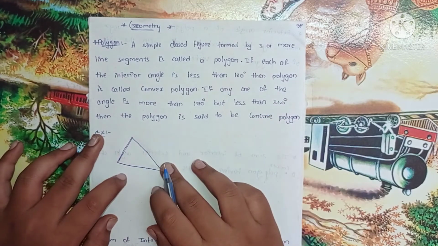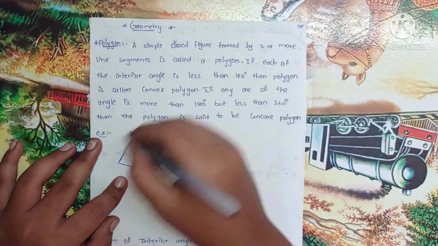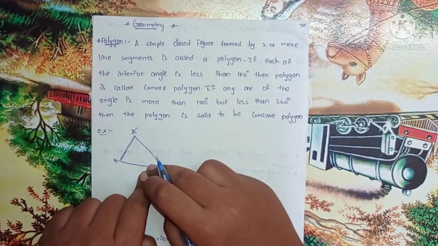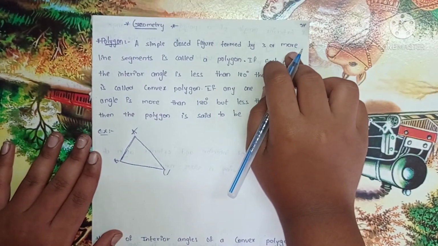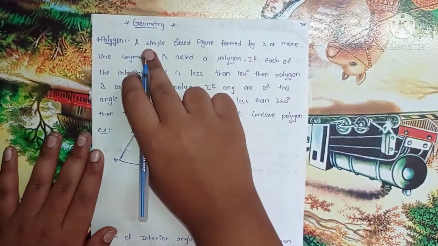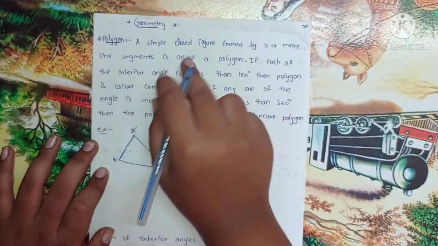It is a polygon with three-sided line segments. Let us name the vertices A, B, C. Here we will not consider two line segments, because you can't draw a closed figure with two line segments or one line segment. So a polygon is nothing but a simple closed figure bounded by three or more line segments.